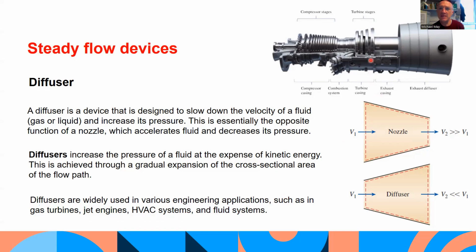So this is a gas turbine here. And air is compressed when it comes in, and it's mixed with gas, and the energy produced from the ignition of that mixture drives the turbine blades and produces electricity. The hot exhaust gases come out through a diffuser, and what that does is it slows them down and increases their pressure.